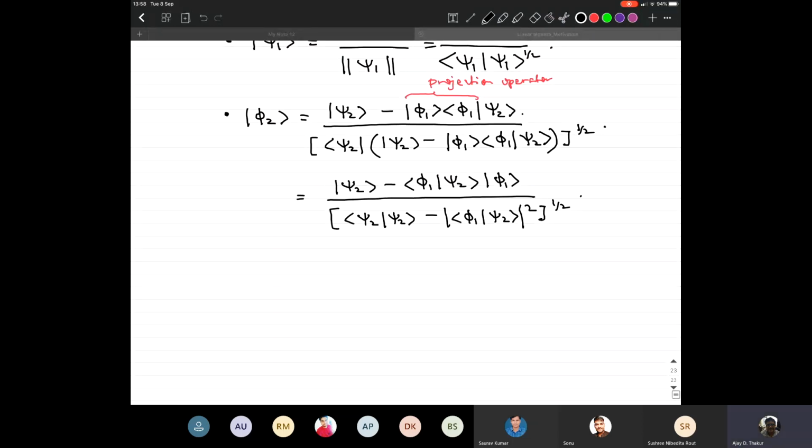And then once we have phi1 and phi2, we simply repeat this process of projecting out components along already known vectors.